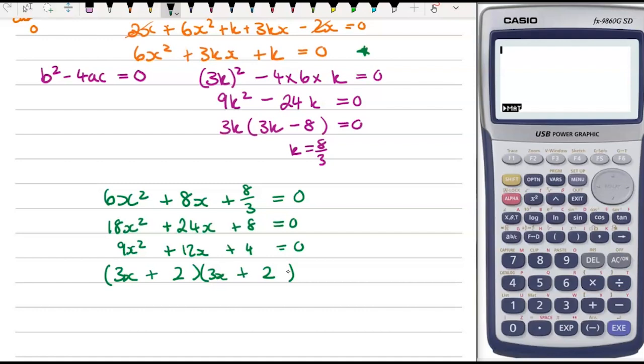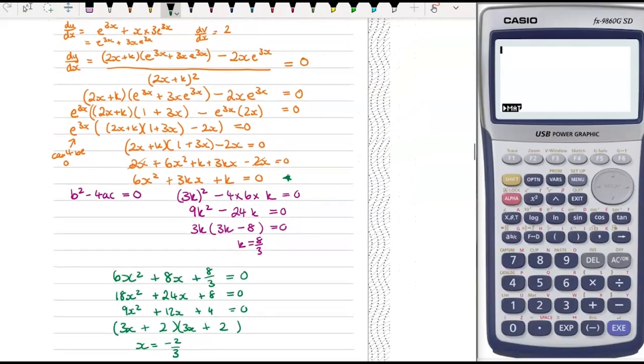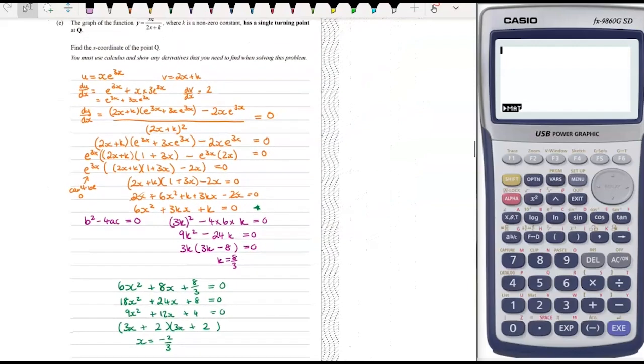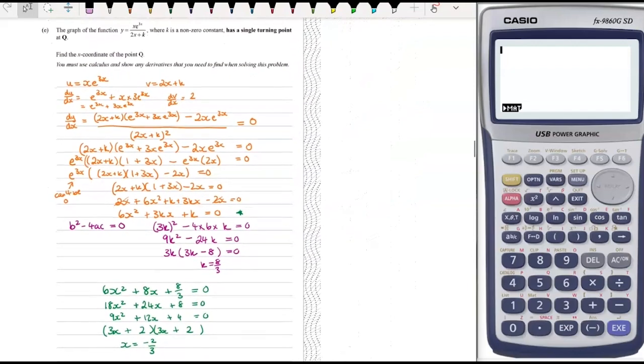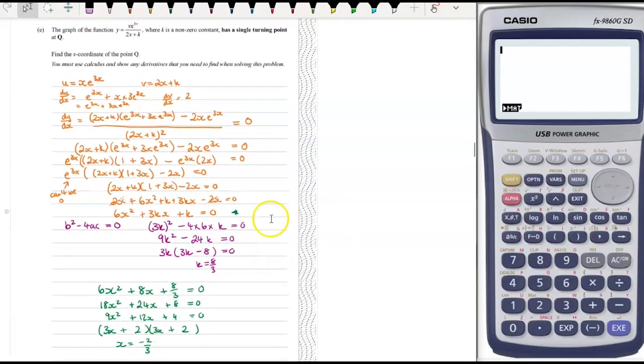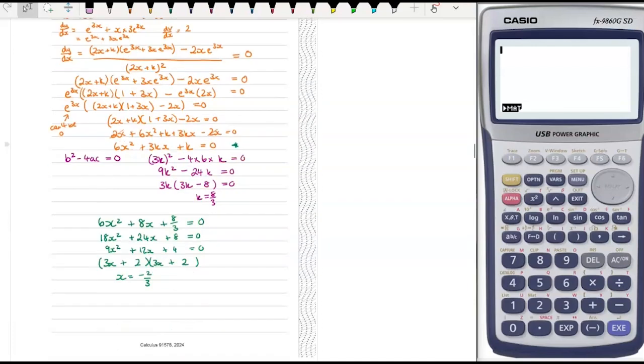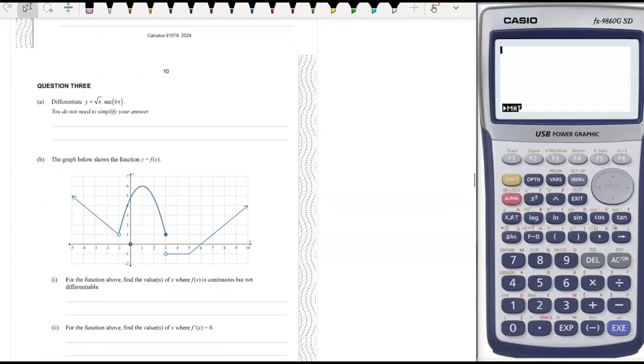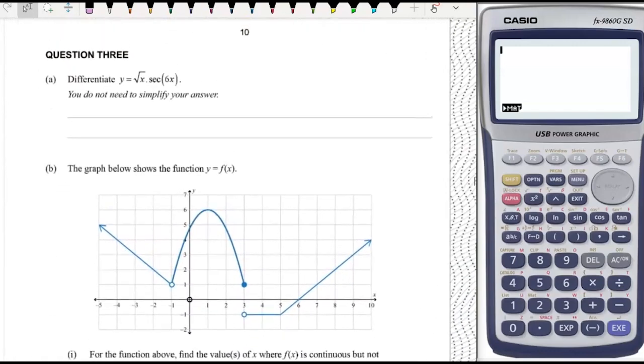So we've got 3x plus 2 as our repeated root, so x is equal to minus 2 over 3. We'll just pop that all onto the one screen for you to see there. That was lengthy. Okay, on to question 3.